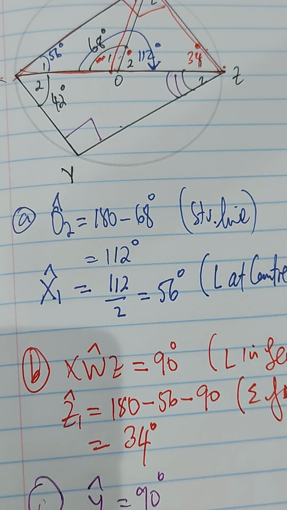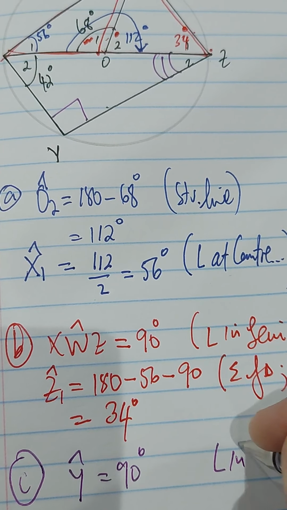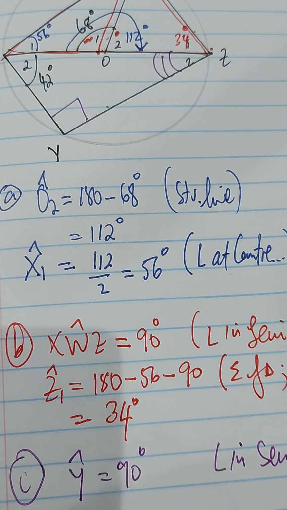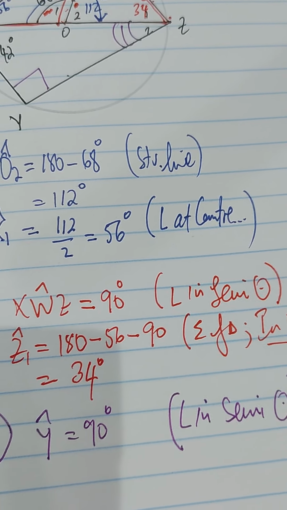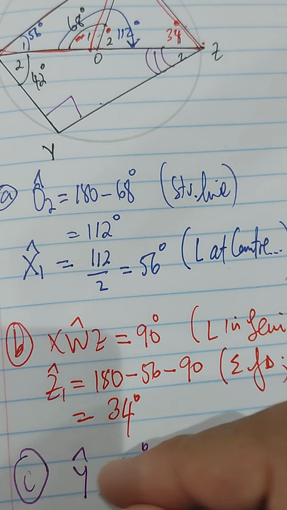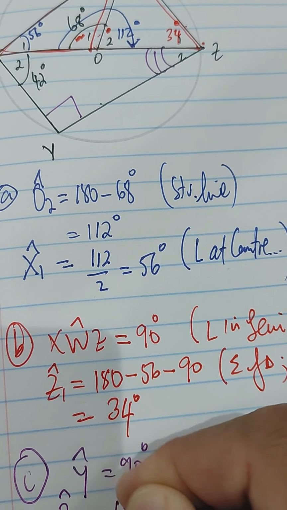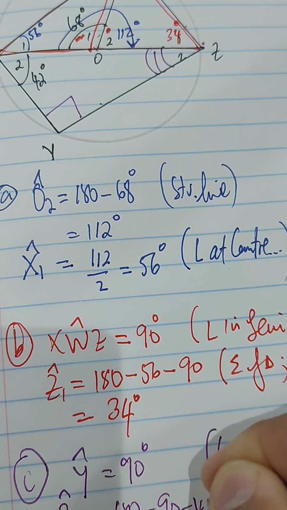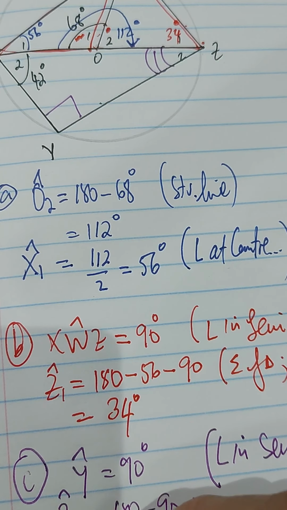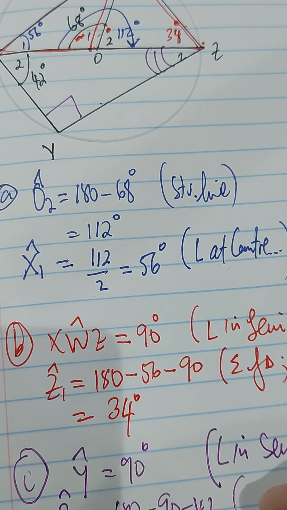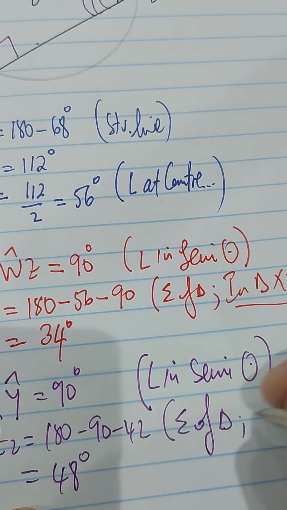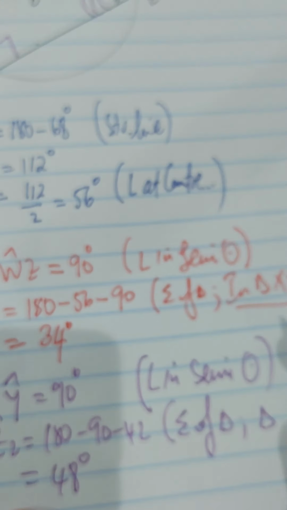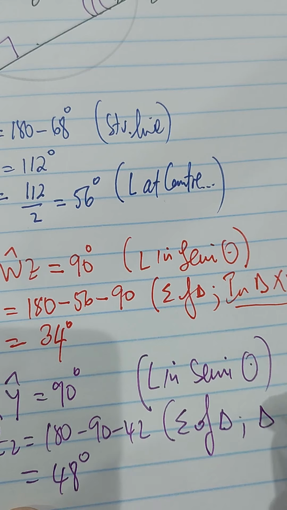Reason: angle in semicircle. So Z2 is simply going to be 180 minus 90 minus 42 degrees, which gives us 48 degrees. And the reason here is sum of triangles, in triangle XYZ.